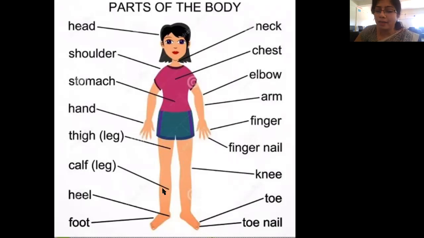The lower leg part is our calves. And below the calves, we have heel. Then comes foot. The foot has toes, and each toe has toenails.